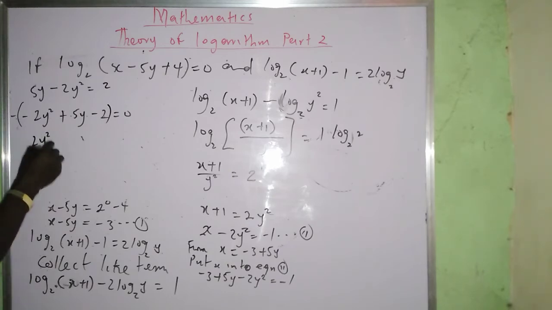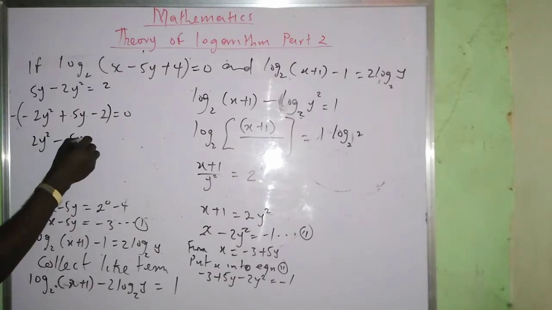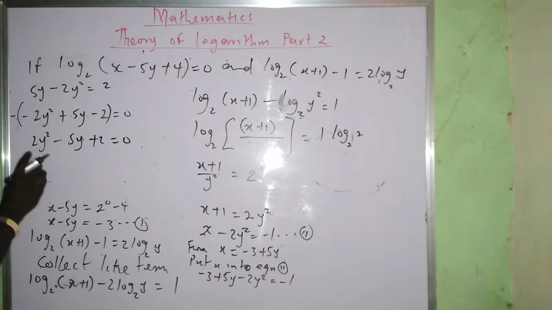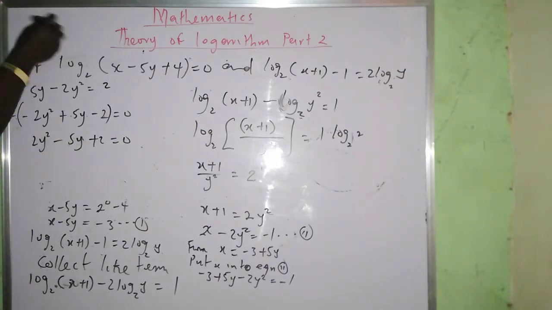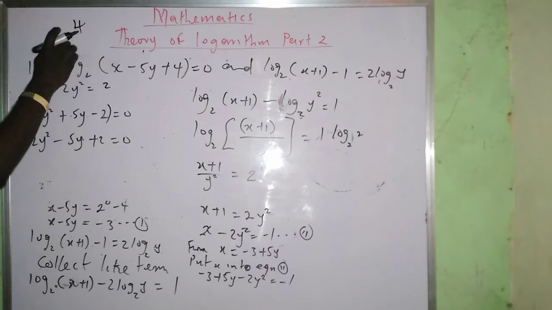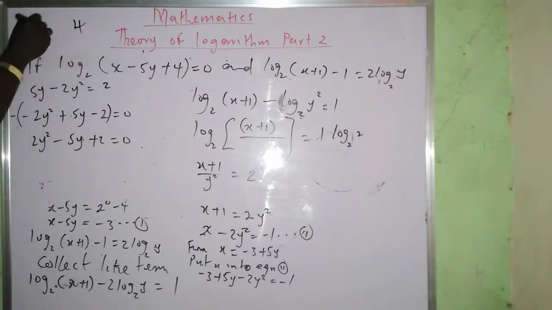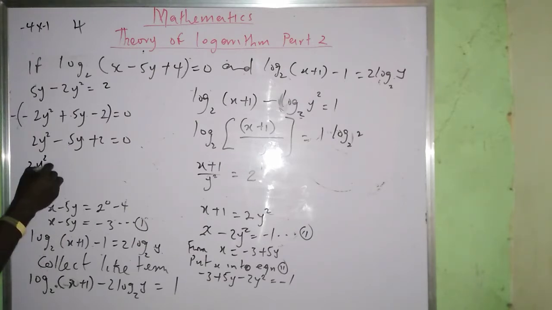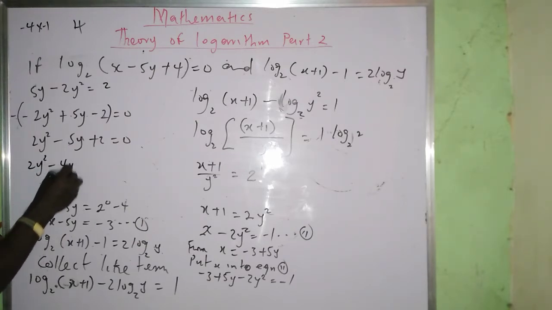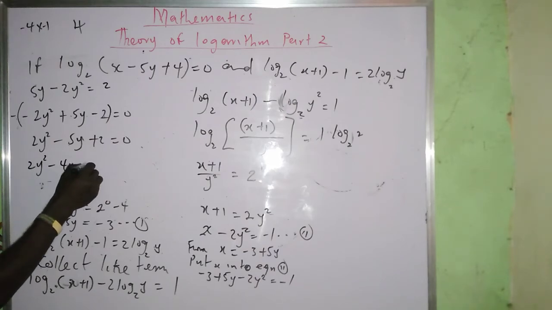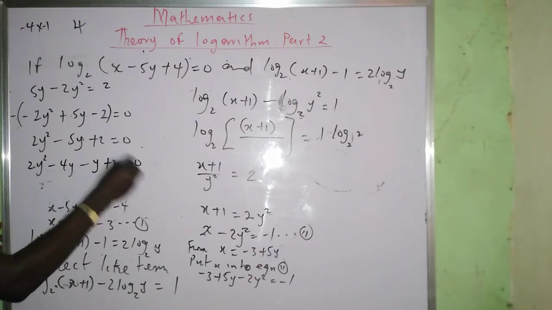I will be having y squared minus 5y plus 2 equals 0, which I want to factorize. I will multiply to get 4 and also add a number to get 5. 4 times 1. If I have minus minus, I think it will be of help. Minus minus, which I can answer: 2y squared minus 4y minus y plus 2 equals 0.